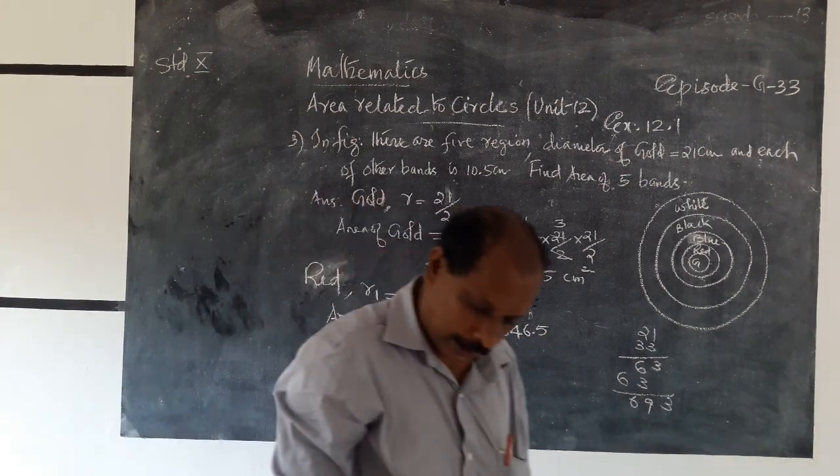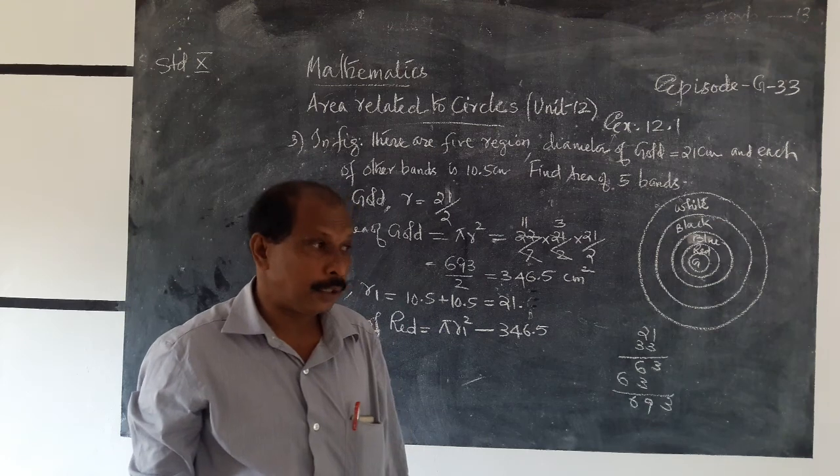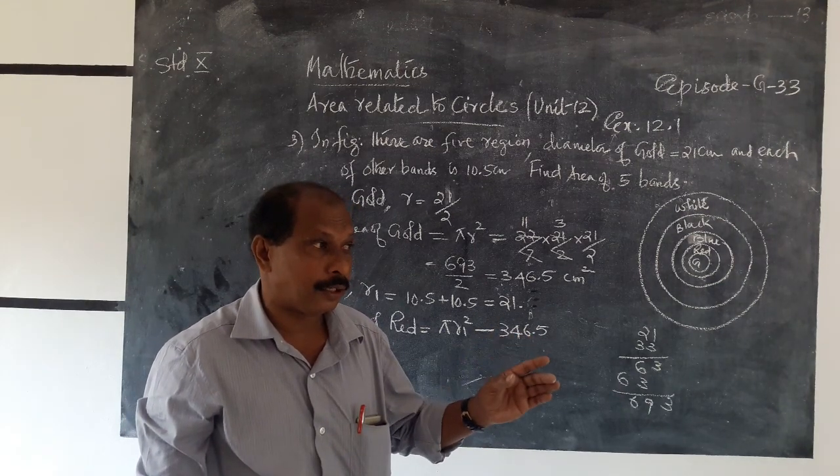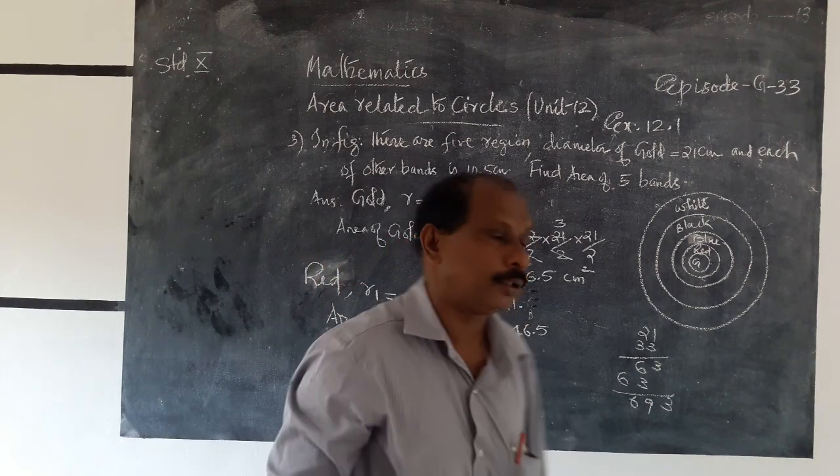Clear? That is, area of red means area of the circle with red minus area of the circle with gold.